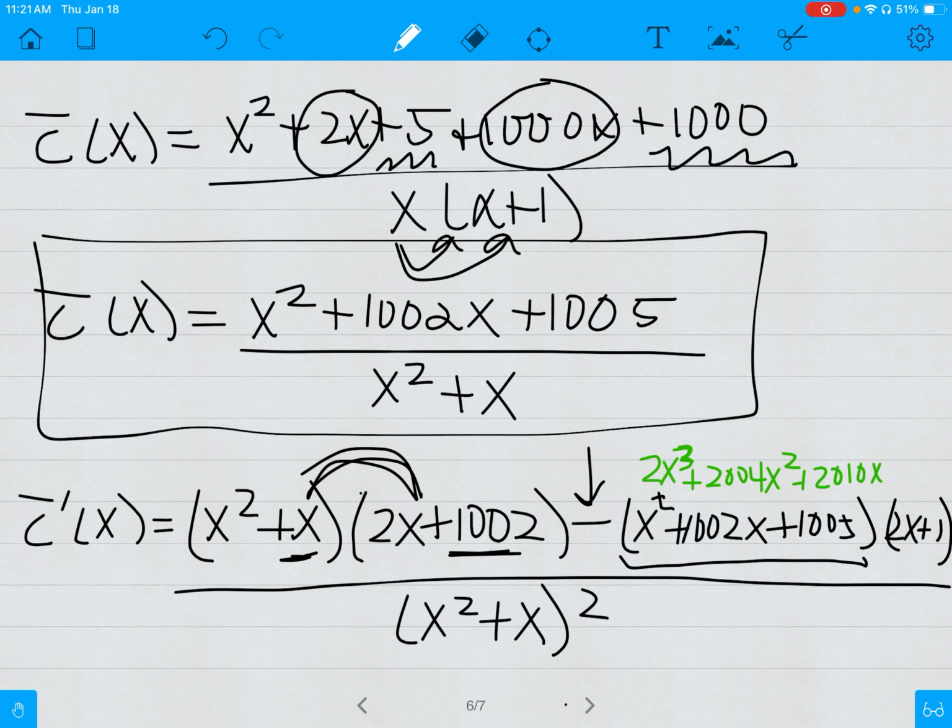And then the plus 1 distributes through, giving us a plus x squared.